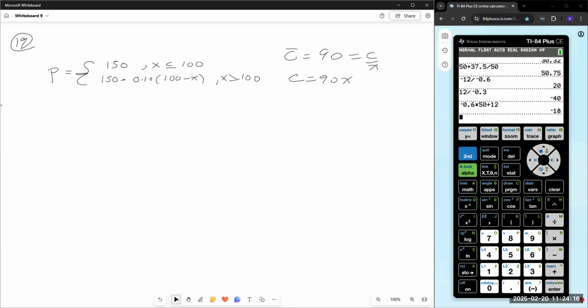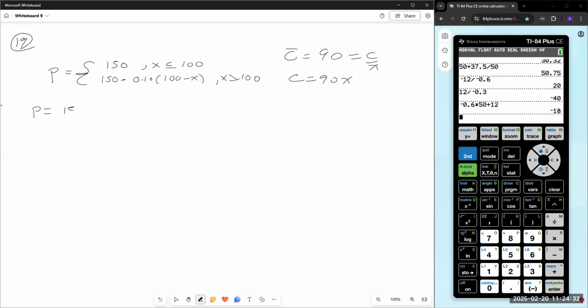Okay, so we're interested in the largest order, so we're interested in this second piece here. And so we've got our price function. Let's go ahead and simplify that.